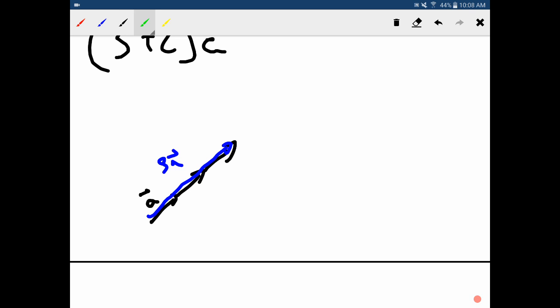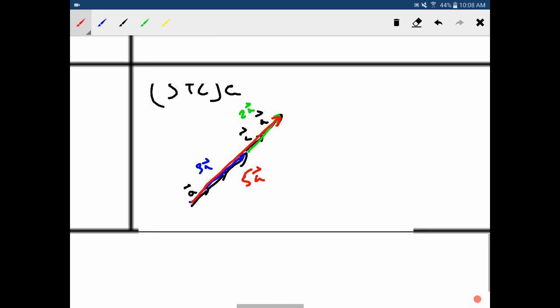Okay, and then I add 2 more a's, a. Okay, so that creates 2a. Then what I'm left with is just this whole thing, which is 5a. All right, and that's it.